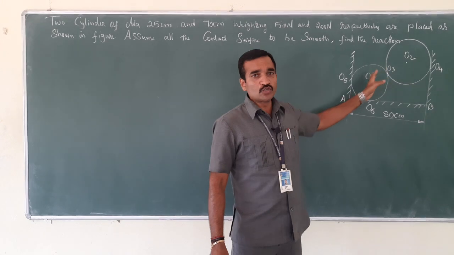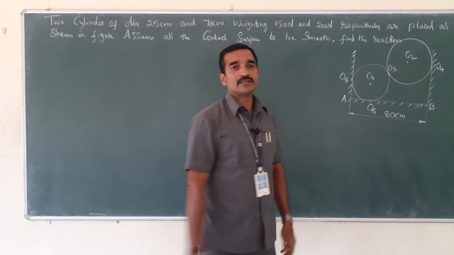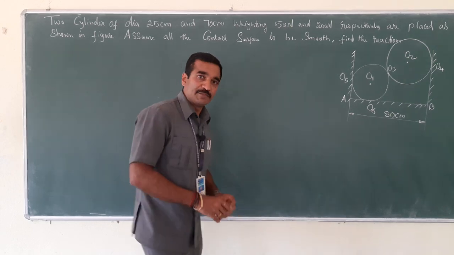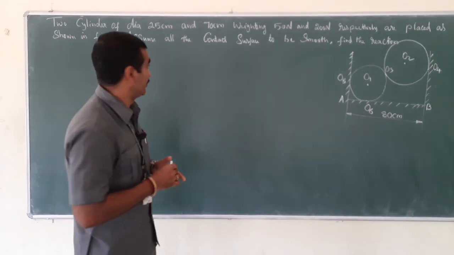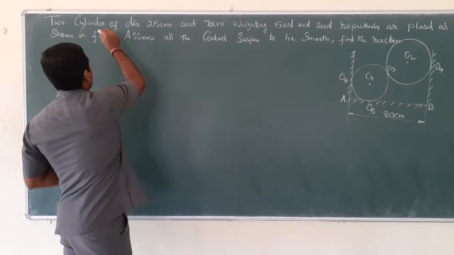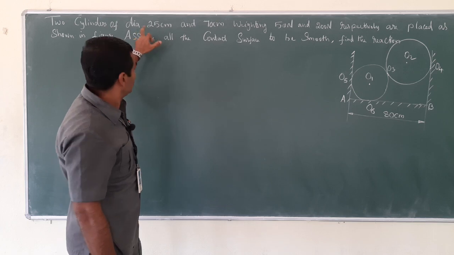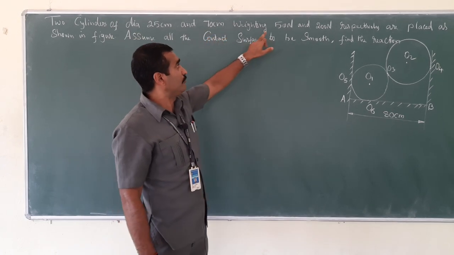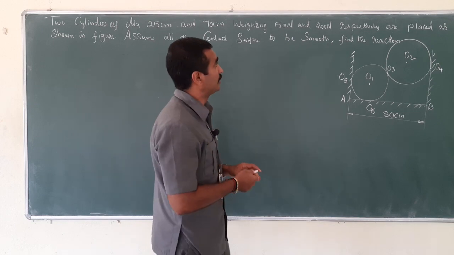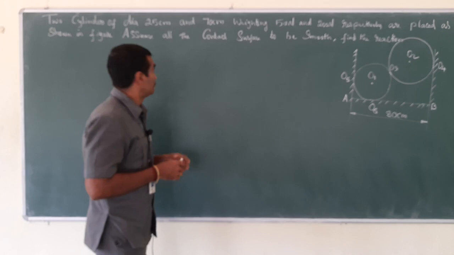Here, if you look at it, two cylinders are fixed in a single chamber, right? Let me read out the question and extract as much information as given. Two cylinders of diameter 25 centimeter and 70 centimeter, weighing 50 Newton and 200 Newton respectively, are placed as shown in the figure.